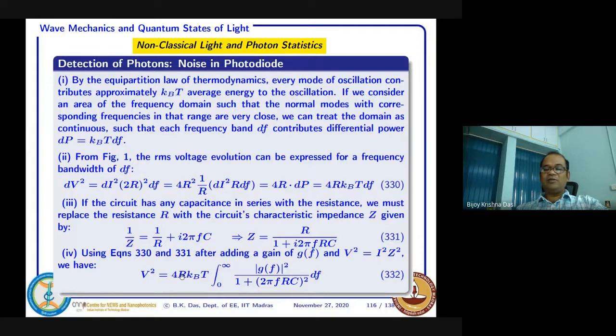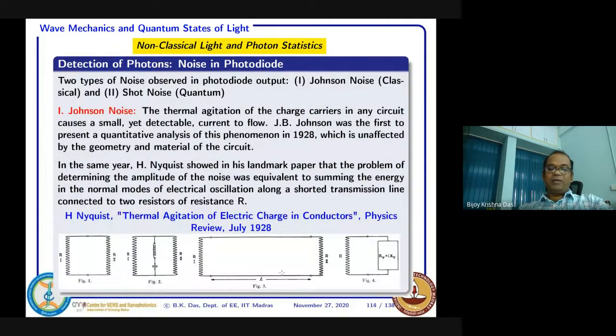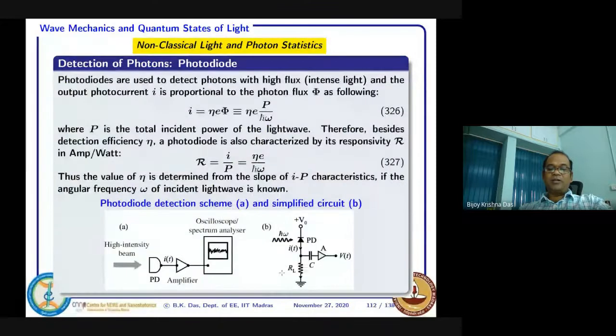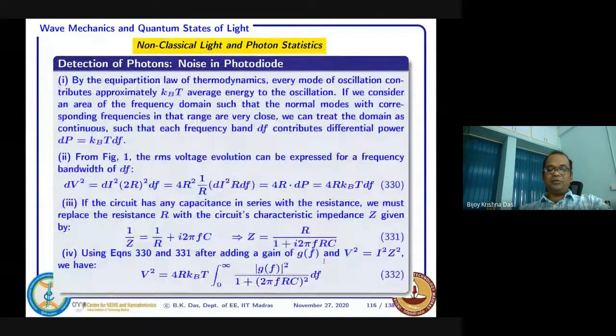So V square equals 4R kBT and an integration, and we have added one more G of f square, considering that after detection your photodetector has an amplifier, so that frequency-dependent gain is also included. If you integrate, that will be your overall noise.